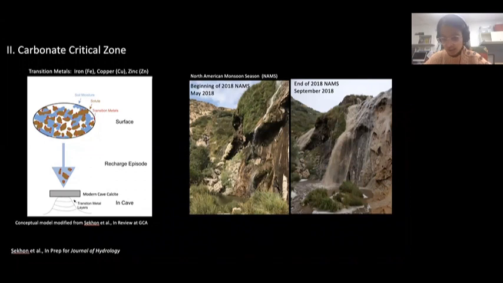It's super chocolatey and completely loaded with these transition metals that then get deposited into the cave system. So this is an interesting and possibly new way of looking at paleo flood events from stalagmites that are sitting under systems that do see a lot of flood activities, whether related to recharge episodes associated with the North American monsoon or potentially flooding associated with typhoon systems.